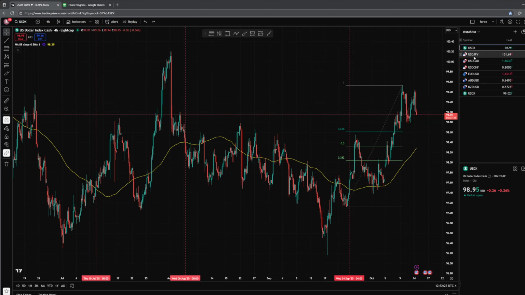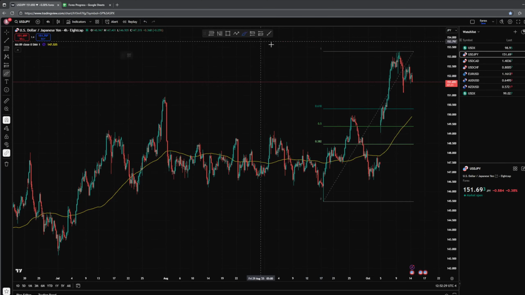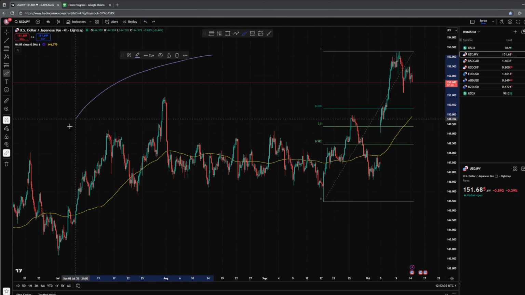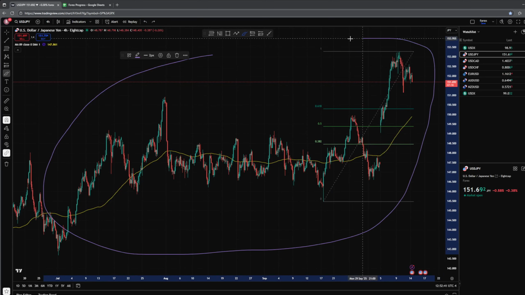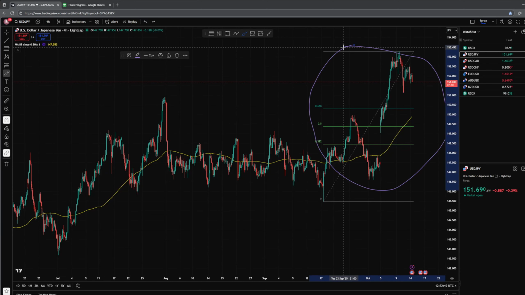Okay, now let's analyze the USD Japan yen. So here once again we have the majority of the candles hanging out above the yellow moving average line. USD is getting stronger, that is good. And just looking at this price in one bigger frame, the overall market is going up, which aligns nicely with our short-term trend here, which is good.